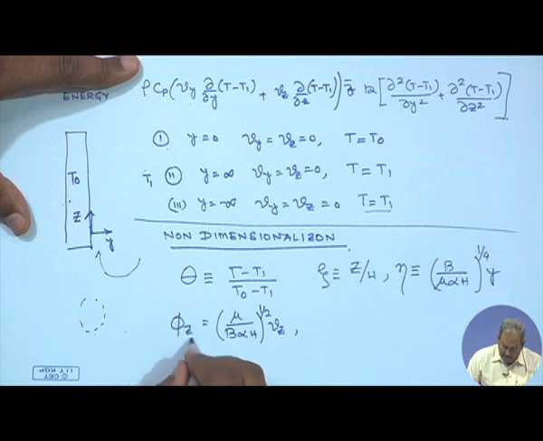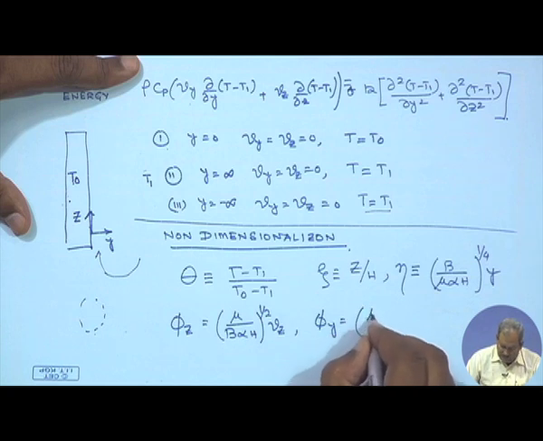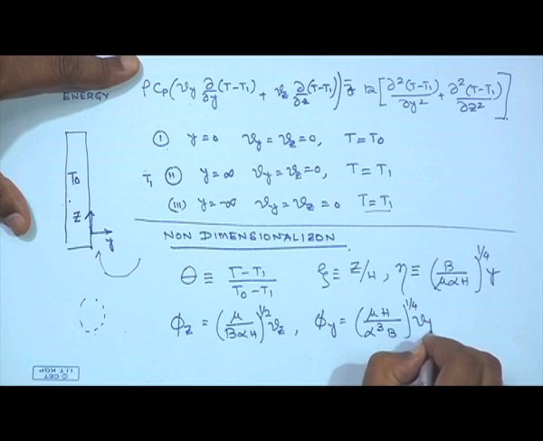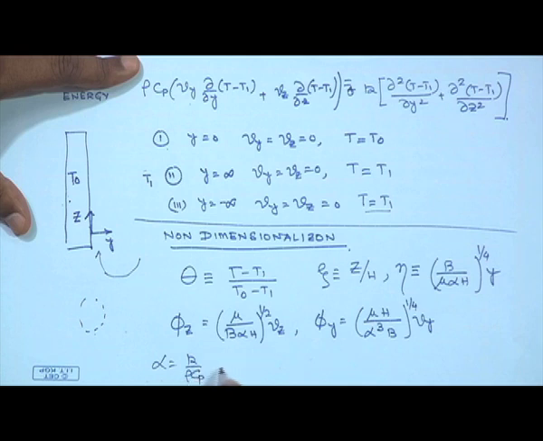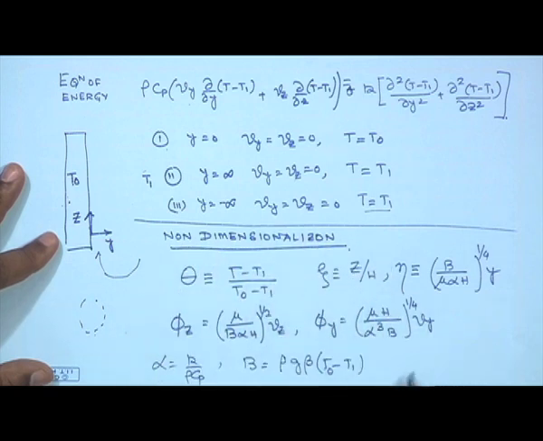So, this is the dimensionless Z velocity, and phi Y is the dimensionless Y velocity, which is defined as mu H by alpha cube B to the power 1/4 into Vy, and alpha is k by rho Cp, the thermal diffusivity as we have seen before, and B is simply the buoyant force present in the system. These are the different non-dimensionalization parameters which are introduced.